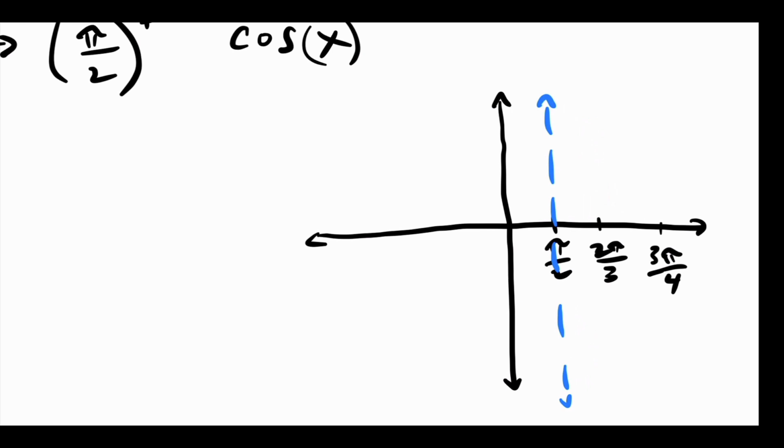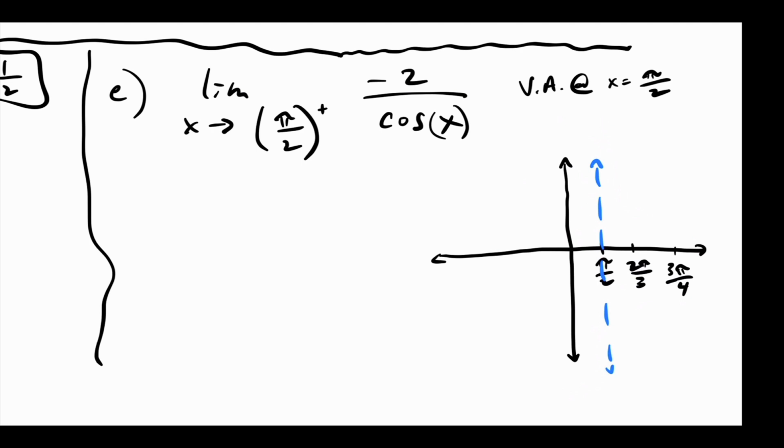So I'm going to plug in these values and see what I get. Luckily, I already know the answers because I have them on my chart. So the first thing I'm going to plug in is 3 pi over 4. I'm going to say negative 2 over cosine 3 pi over 4. Go to your chart.